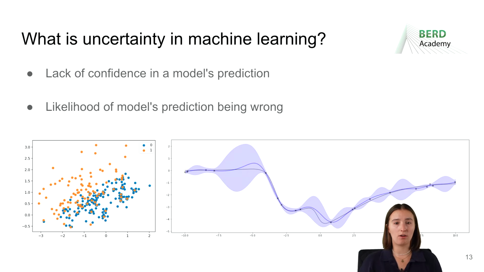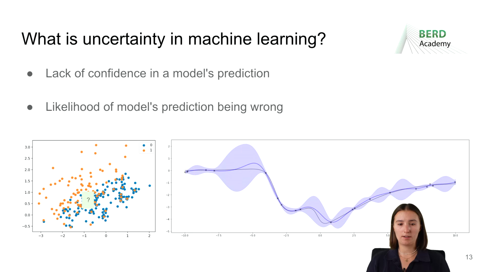We can have a lack of confidence in the model's prediction, which is the uncertainty in machine learning. For example, here in this classification example, we have overlapping points, so we don't really know whether a new point, where the question mark is, represents the orange class or the blue class.